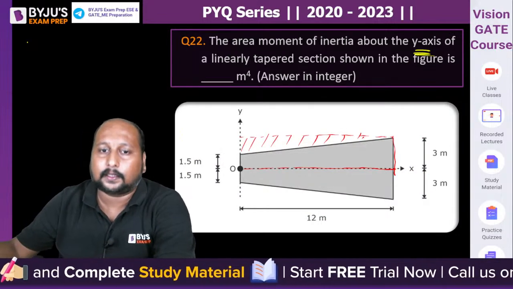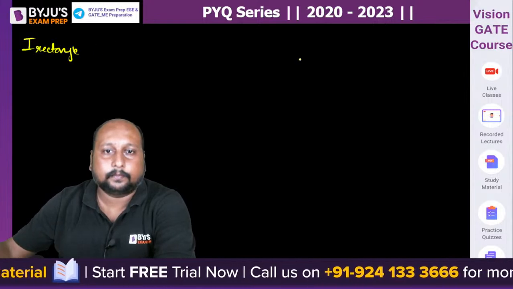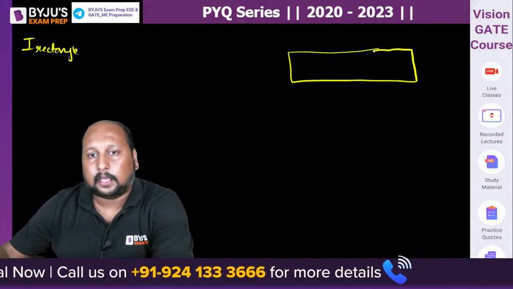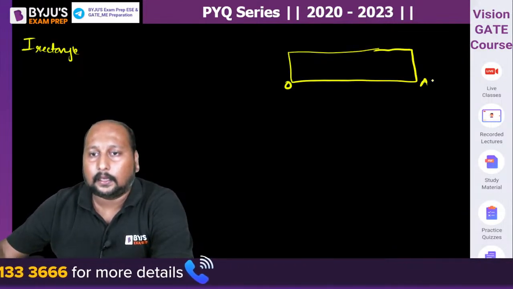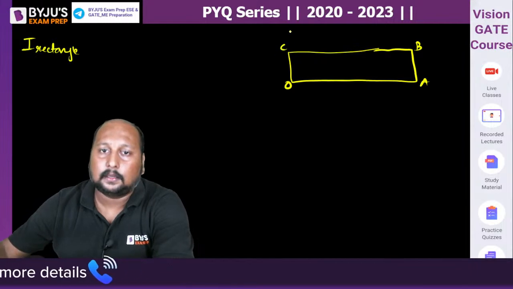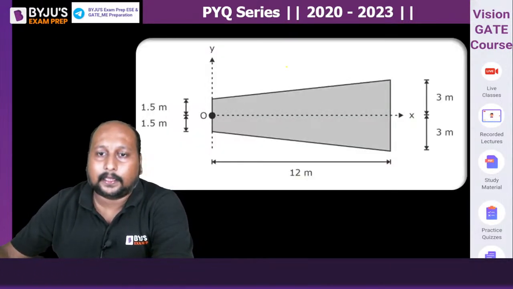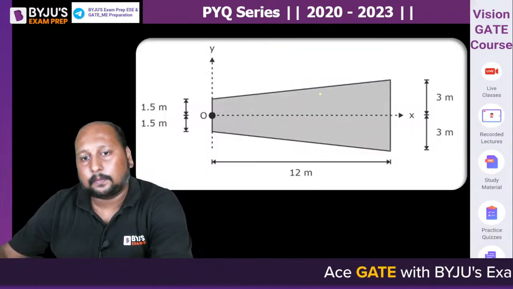This is your rectangle, having dimensions, let's say this is O, this is A, this is B, this is C. This is your y axis, this is x axis. The dimension is 3, and this base is 12 meter.